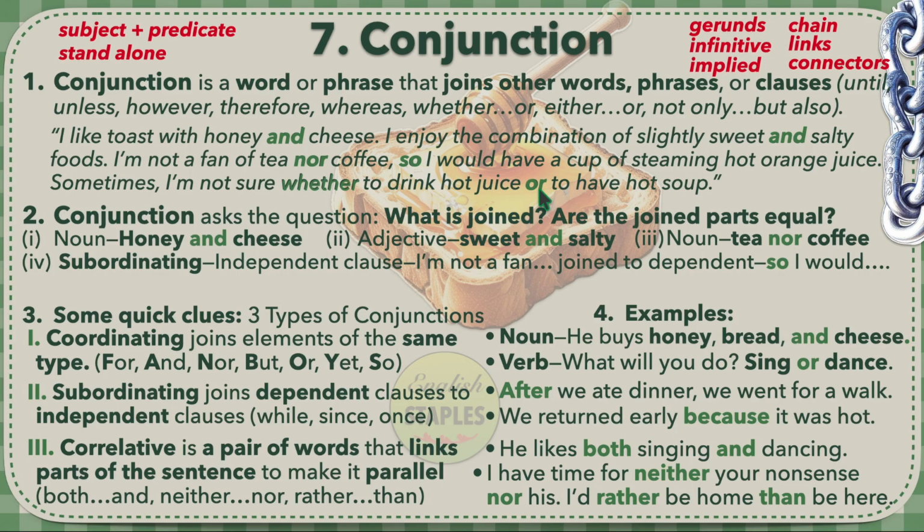So that's good. Do they have equal parts? To drink hot juice, to have hot soup. So they're parallel because we have an infinitive here, we have an infinitive here, and we have hot juice, and we have hot soup. So this is quite balanced.